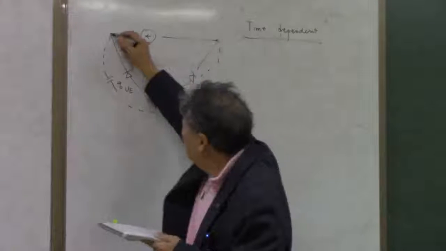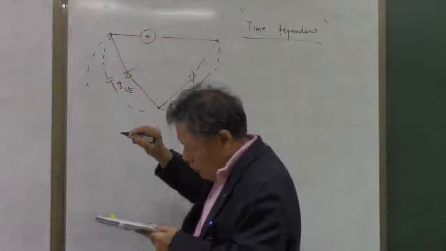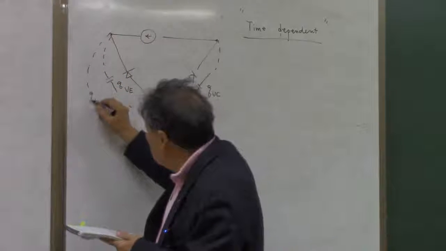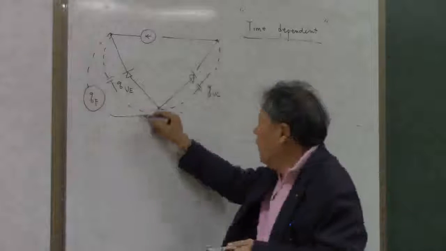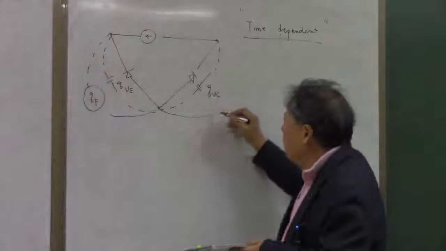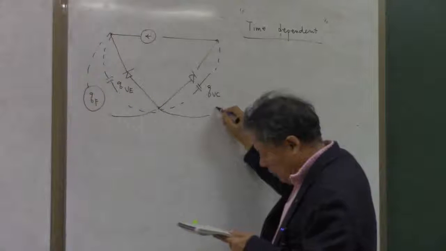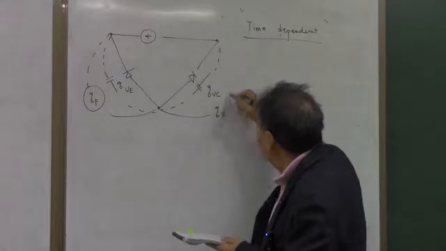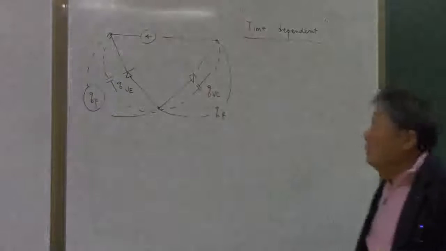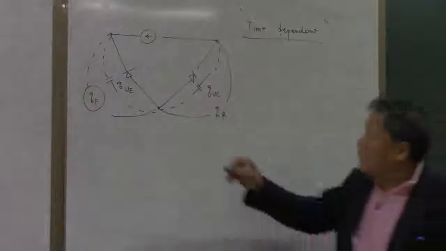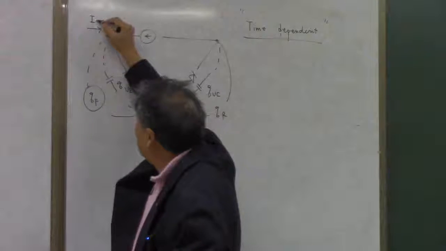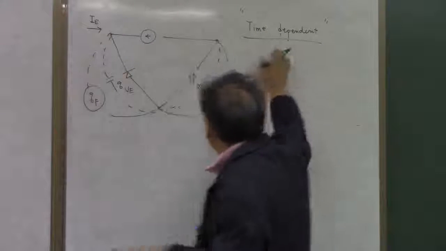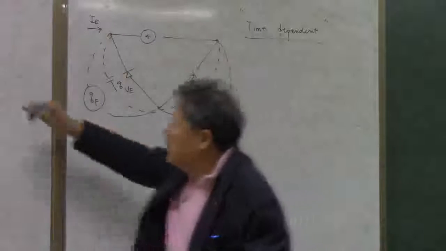And also, you're going to add the charges in this space charge region. So, if you think about the time-dependent term, this is a DC model.